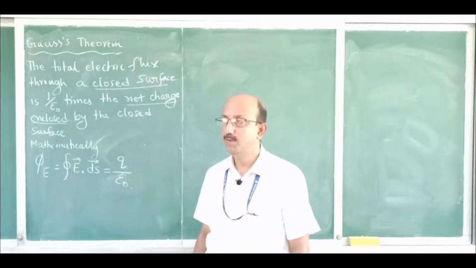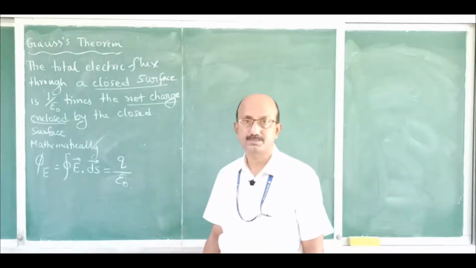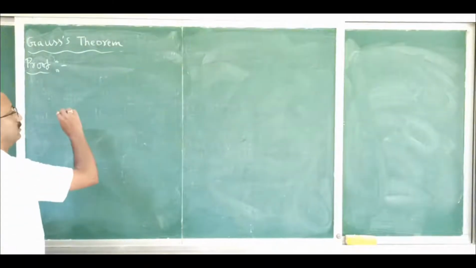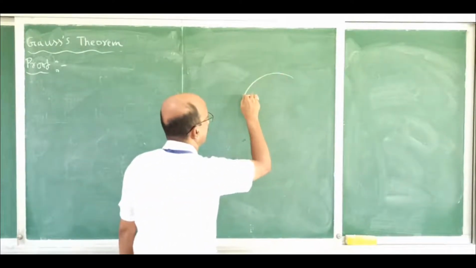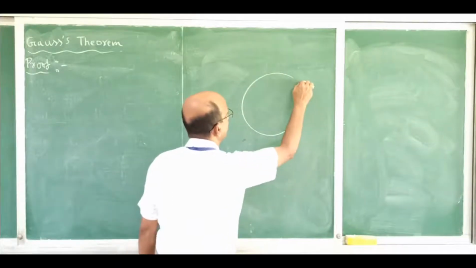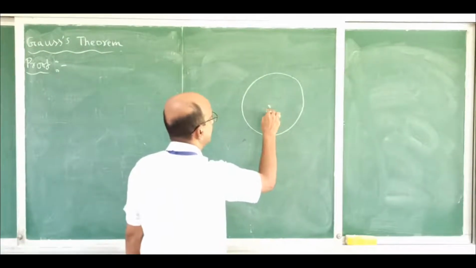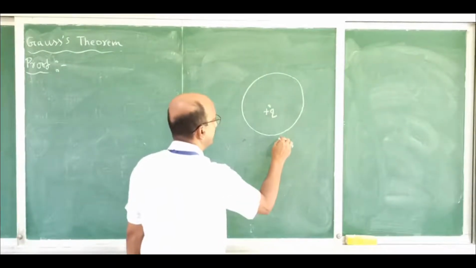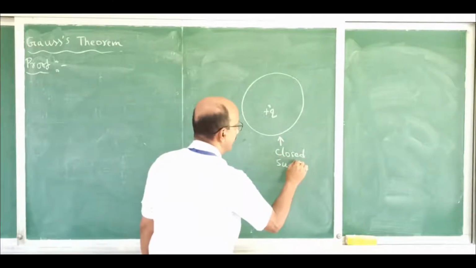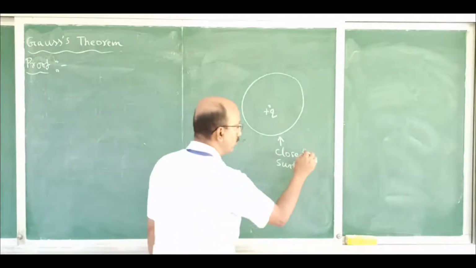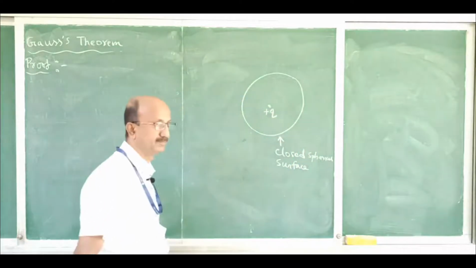Let us have a proof of this Gauss theorem in the next video. Let me take one closed surface which is of the shape of a sphere, and there is one charge q inside this. This is a closed spherical surface, but you can take any surface.